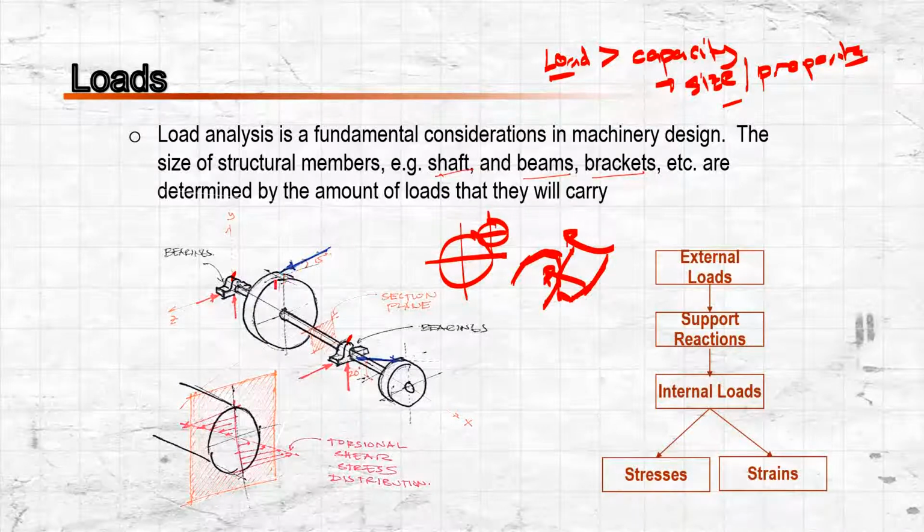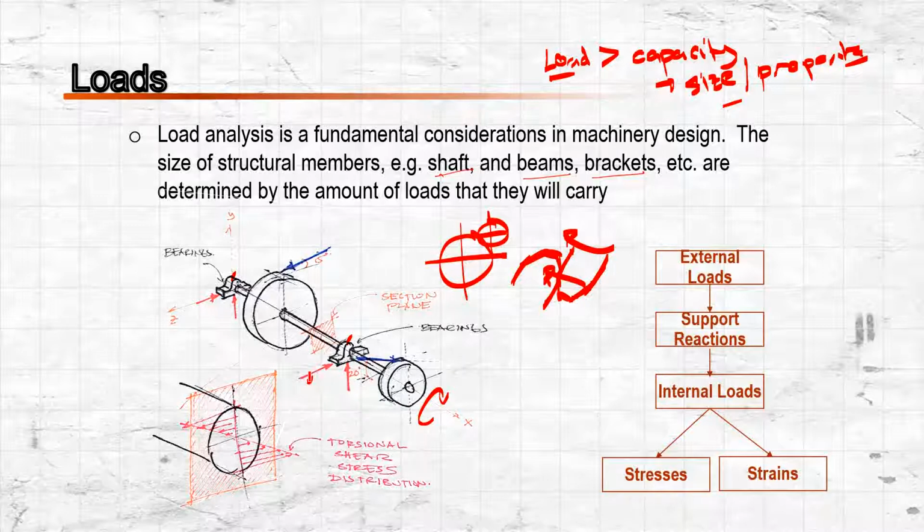Because of the external force induced in our mechanical system, support reactions develop. The bearings are a type of support that allows rotation, let's say about this x-axis, but does not allow movement in the z and y axes. So because of these external forces, support reactions develop.